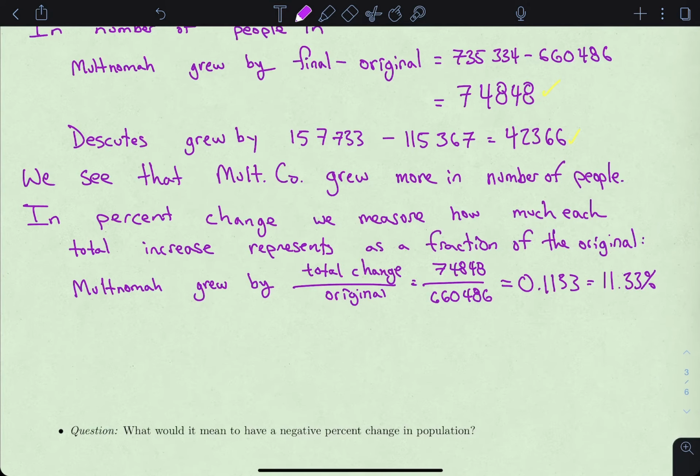Let's do the same for Deschutes. We'll do the same total change divided by original.